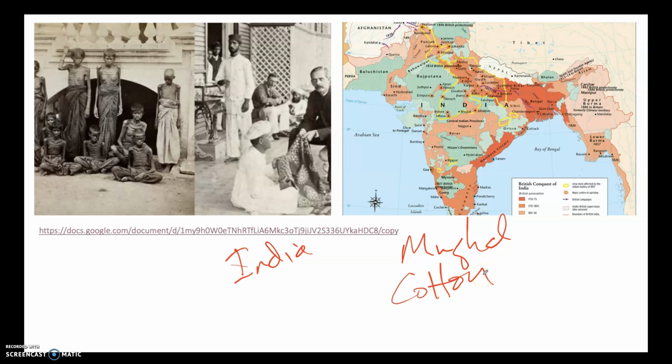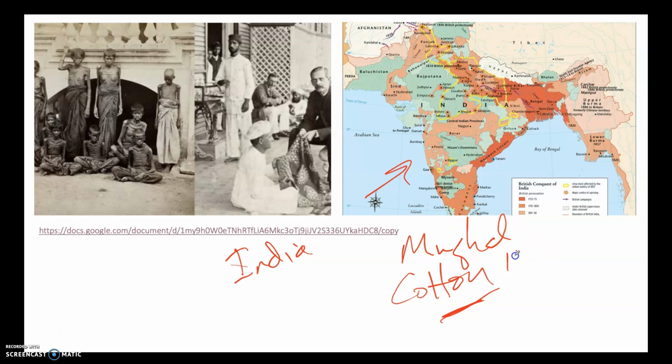Remember, taking raw materials, cotton, and making them into finished products, finished goods, textiles, and then forcing India to buy those textiles. Okay, so slowly, gradually, India starts to take over. You can see some of the dates and the territories that Britain is taking over in India.